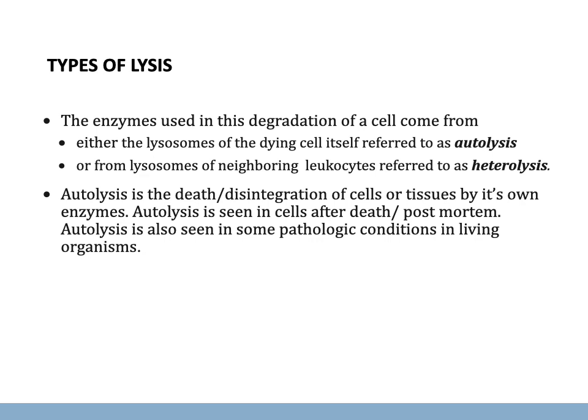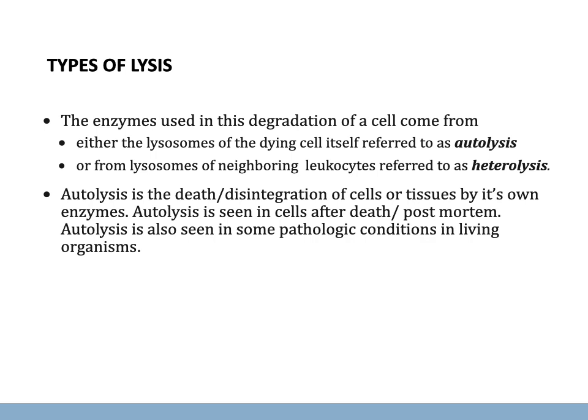Now, there are two types of lysis involved. It's either the lysis of the dying cell due to the release of enzymes from its own lysosomes, and this is known as autolysis, or it could be due to the lysosomes of the surrounding dying cells, or the lysosomes secreted by WBCs that migrate into the area, and this is known as heterolysis.